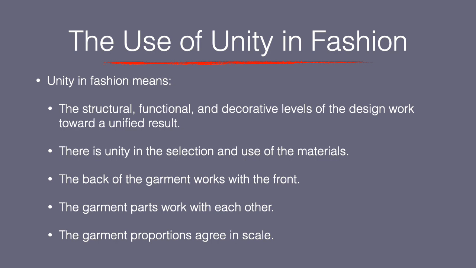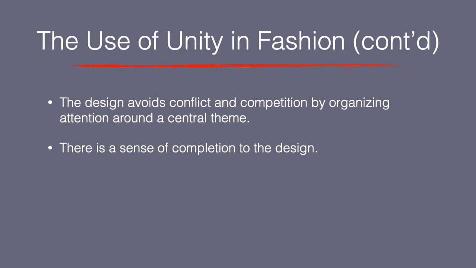The garment parts work with each other. The garment proportions agree in scale. The design avoids conflict and competition by organizing attention around a central theme, and there is a sense of completion to the design.